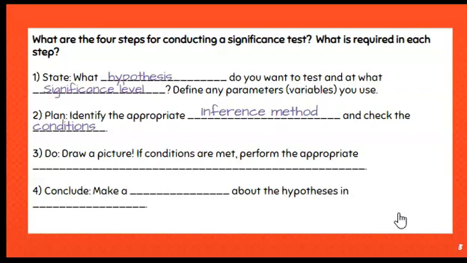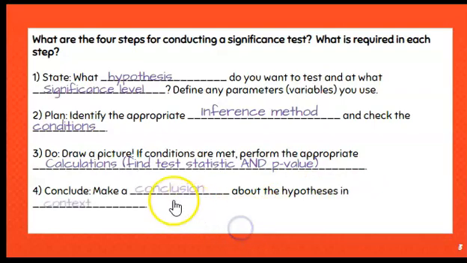If the conditions are met, perform the appropriate calculations. That means find the test statistic and find the p-value for the area under the curve. I will model this for you in future slides. And then the last step is conclude. Make a conclusion about the hypothesis, reject it or fail to reject it, and make it in the context of the question.